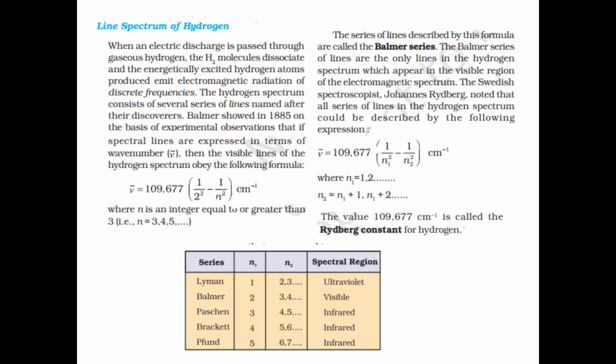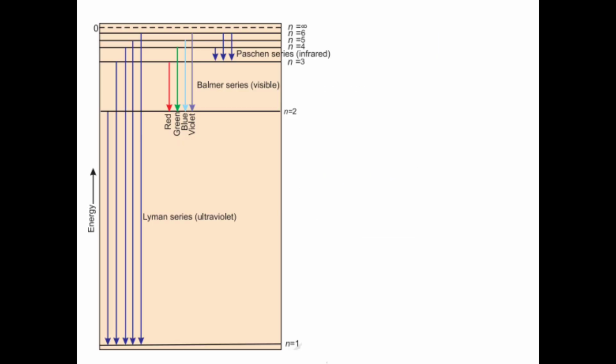Brackett series is also infrared and Pfund series is also infrared region. These are some transitions from the Balmer series, Paschen series and Lyman series.